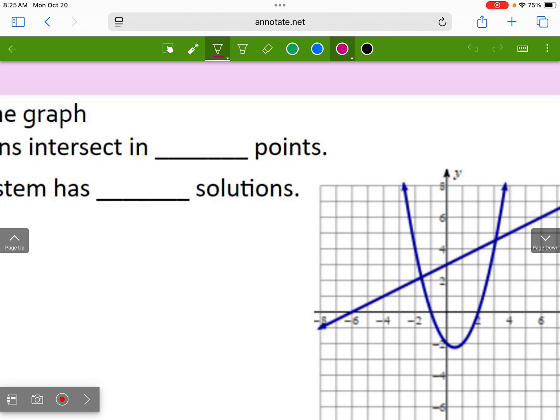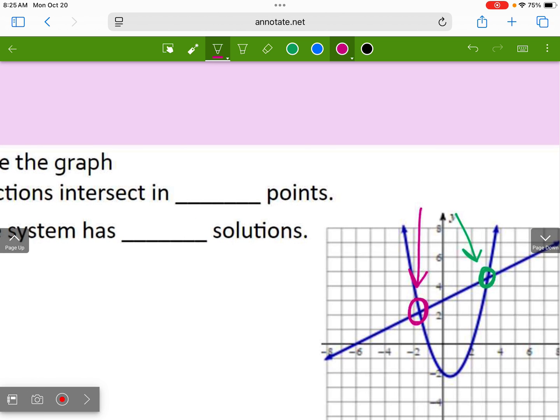One here and one here. So we have not one, but 2 points of intersection. So these two equations intersect at 2 points, which means this system has two solutions.